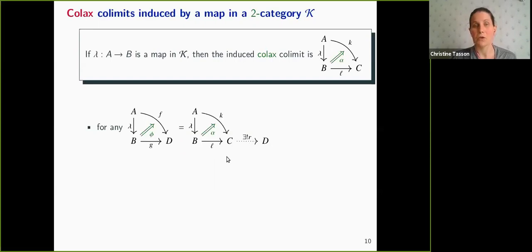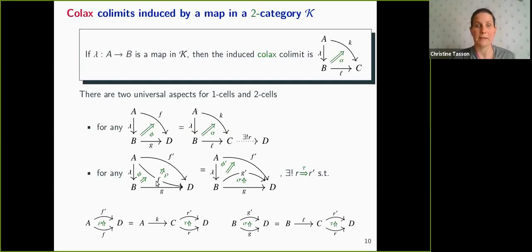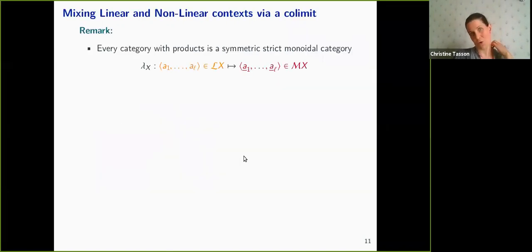And I also have a two-cell aspect that relates when I have a two-cell between two cocones. That says that I have similarly a two-cell between the two factorizations. Okay, so I will apply it to this construction to build the monad for linear nonlinear context.